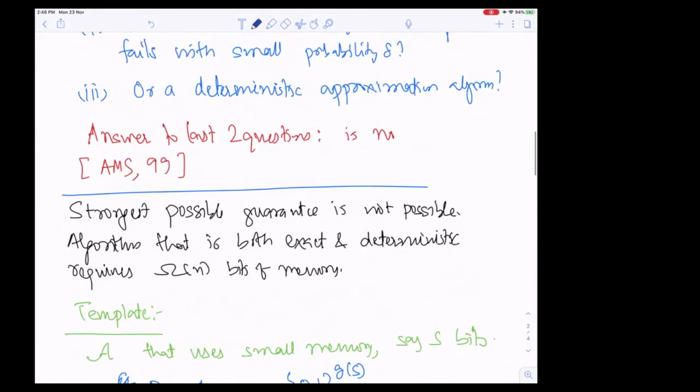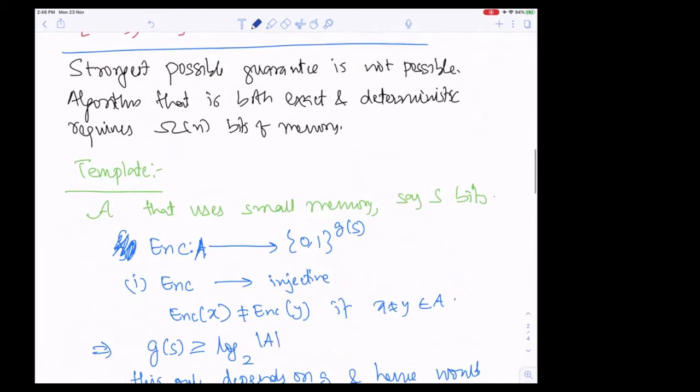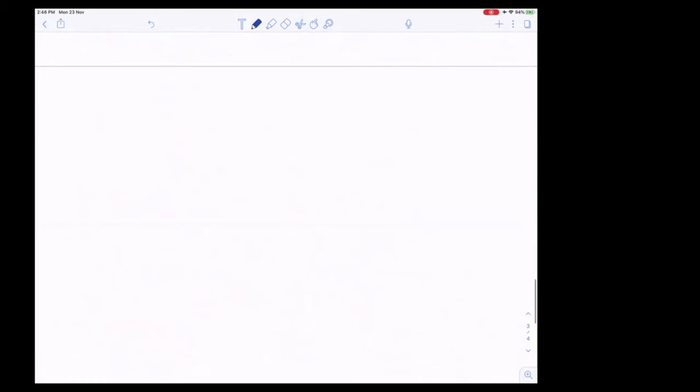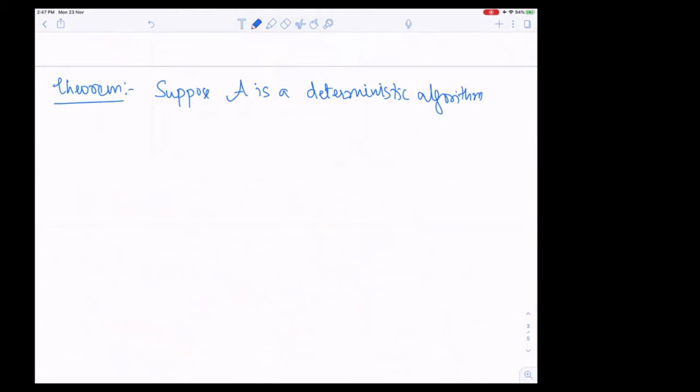Okay, and now we will exemplify this scheme on distinct elements. So the theorem we would like to prove, our first theorem, is the following. Suppose A is a deterministic streaming algorithm that computes the number of distinct elements exactly.